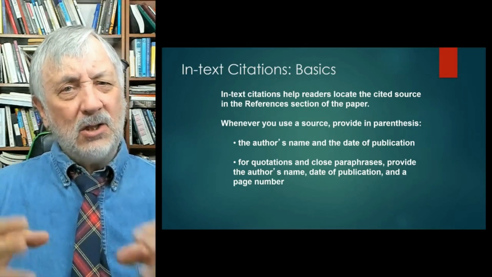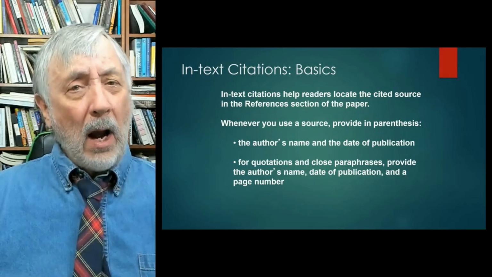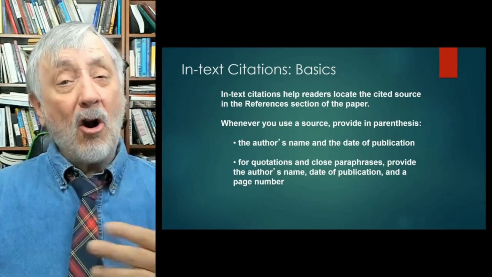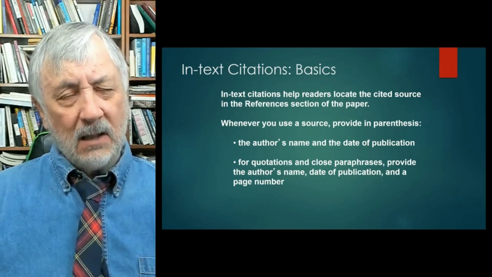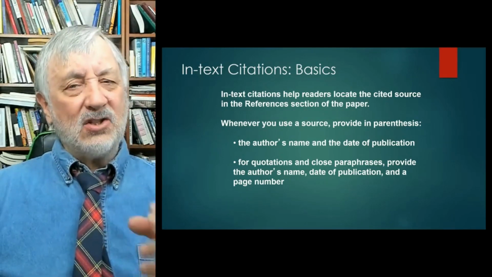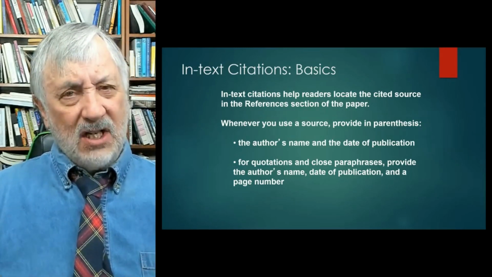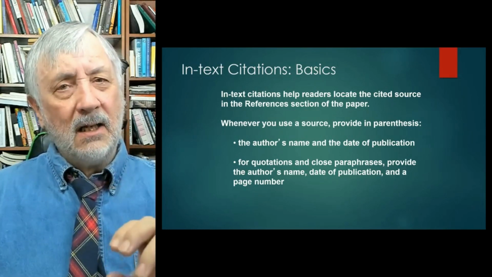But Smith, 2012, and if it's a quote, you include the page number where possible. Sometimes you might get a quote from a website and there are no pages, so that's not a problem. I mean, don't sweat it if there's no page available, but many of the things that you will read, even if you find them on the internet, will have pages attached, because many articles that you find on the internet taken from journals or magazines are really PDFs of the printed article.